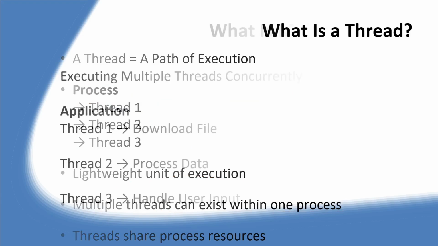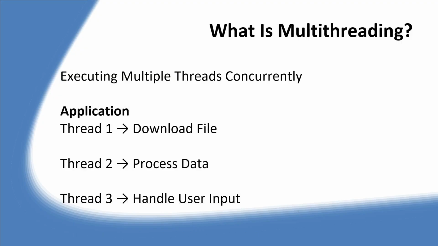Now, what is multithreading? Multithreading is the ability of a program to execute multiple threads concurrently. For example, one thread might download a file, another thread might process data, and another thread handles, let's say, user interaction.